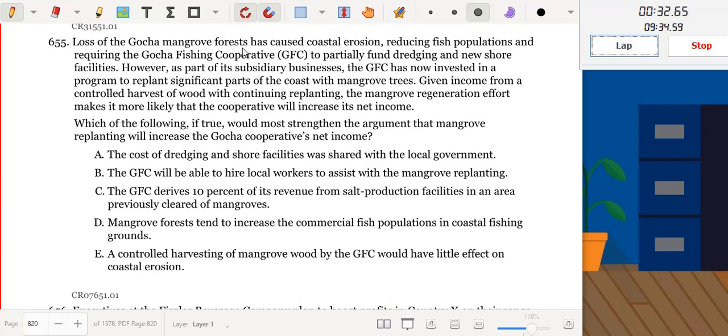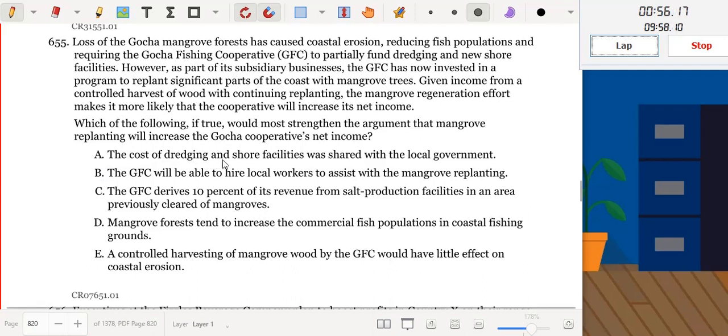Given income from a controlled harvest of wood with continuing replanting, the mangrove regeneration effort makes it more likely that the cooperative will increase in net income. Okay, so which one of the following, if true, would most strengthen the argument that mangrove replanting will increase the Gocha cooperative net income?